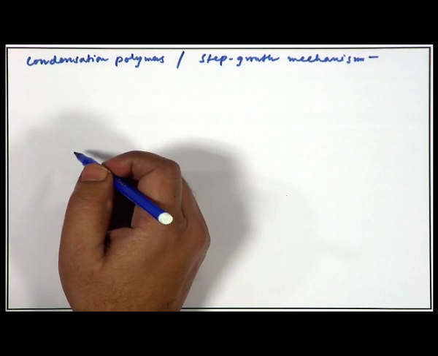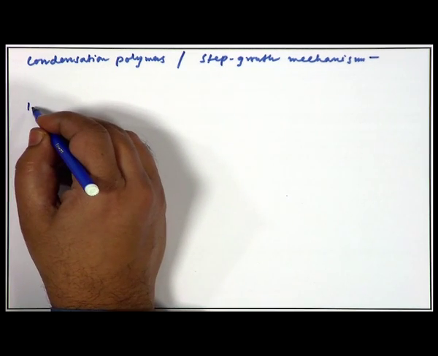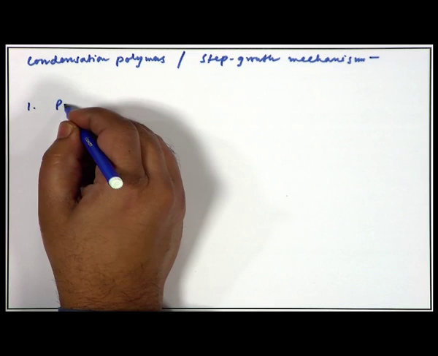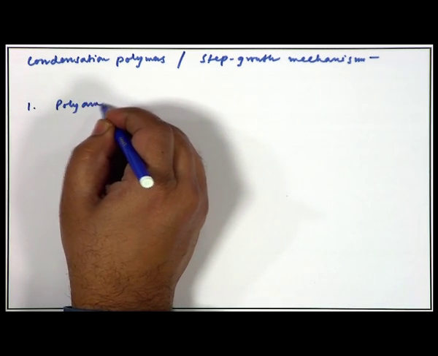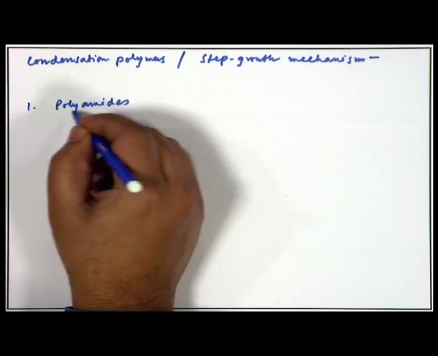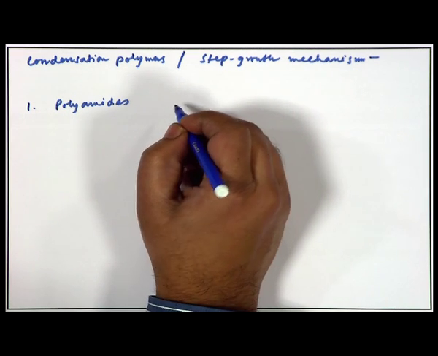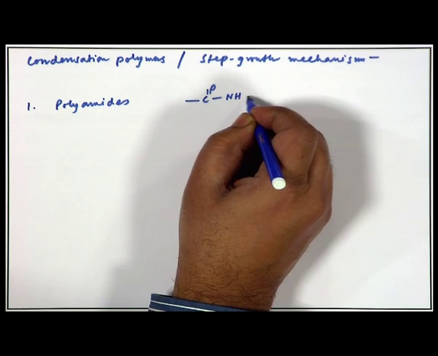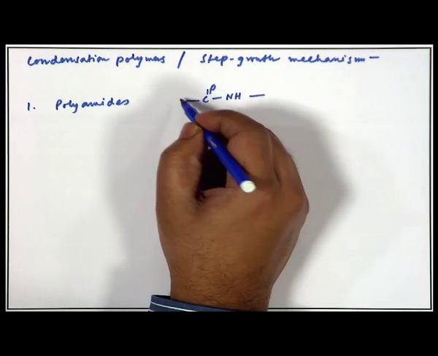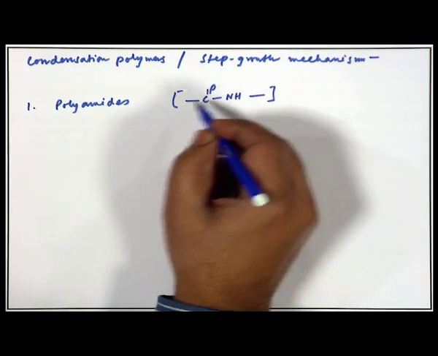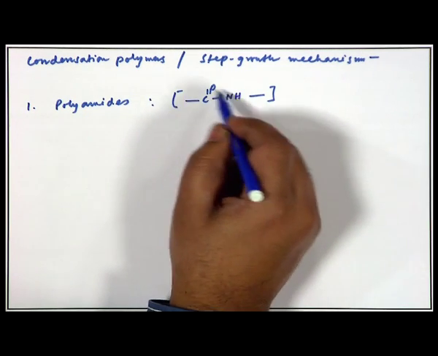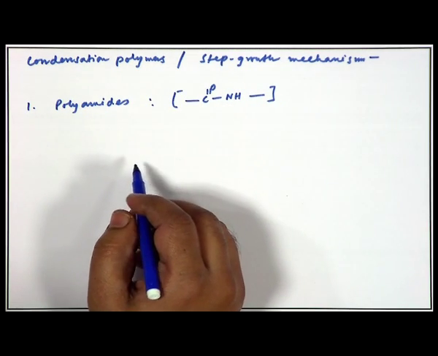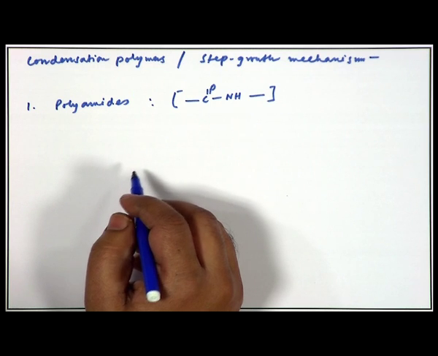So, the first example would be polyamides. As the name suggests, in the polymer backbone you will have amide linkages. So, polyamides contain the amide linkage in the backbone.